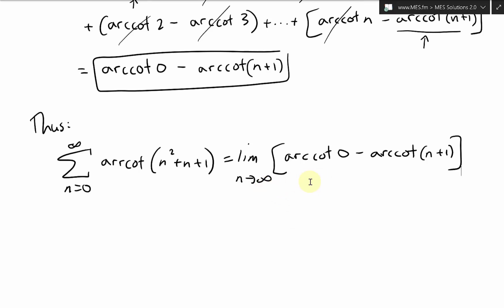And now that we have this, we know the limits here. We'll look at these limits.